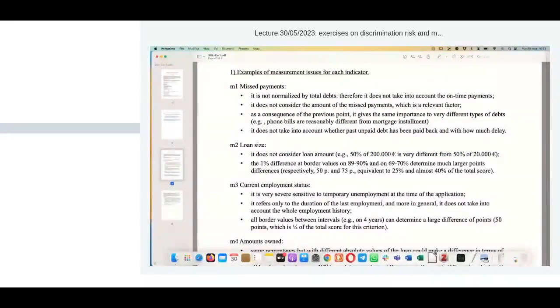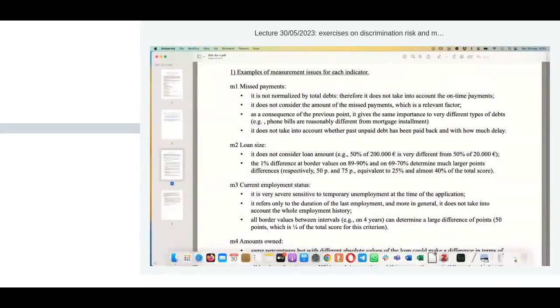About missed payments, I remember that for every three missed payments, you get a penalty for 3 times. And there is no normalization by the total amount of debts, so it does not take into account the on-time payments. You might have missed 3 payments over 3, and you get penalized by 30.